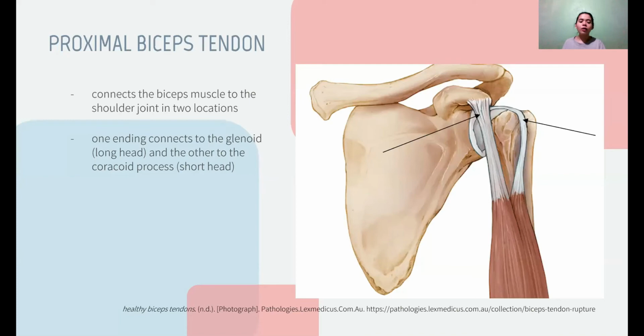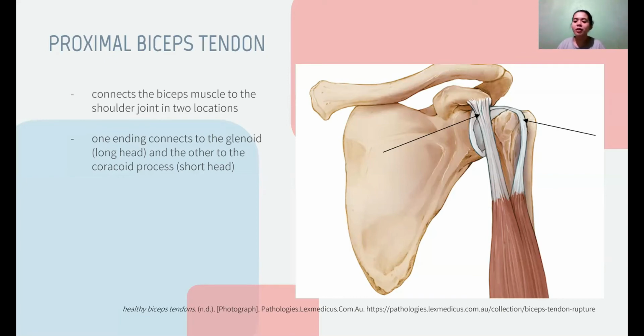Okay, so the proximal biceps tendon connects the biceps muscle to the shoulder joint in two locations. Over here, you can see the biceps. I don't have biceps, so this is going to be hard. But over here, that's the biceps.